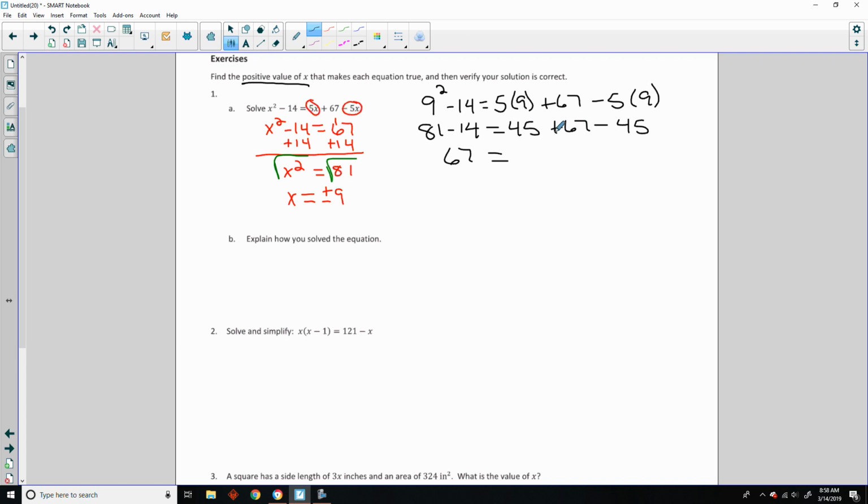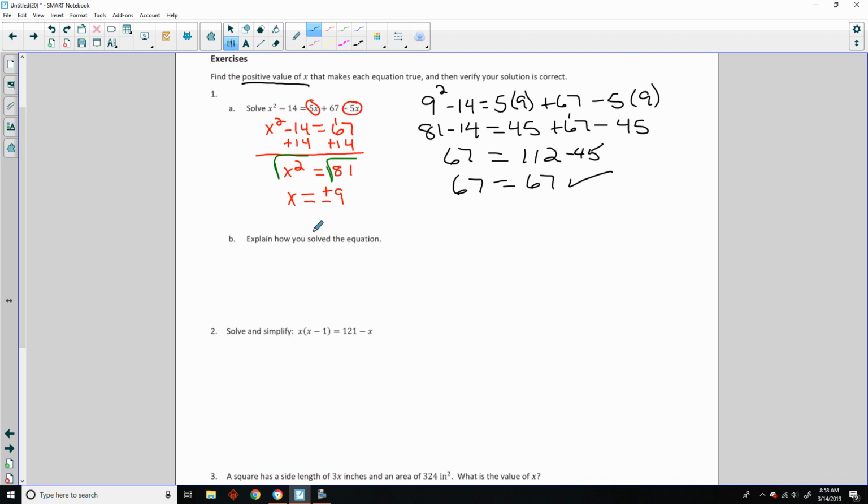I know 45 minus 45 will cancel. I'm just doing PEMDAS, order of operations. When we're down to addition and subtraction, we work left to right. 45 plus 67 is 112 minus 45. And 112 minus 45 is 67.